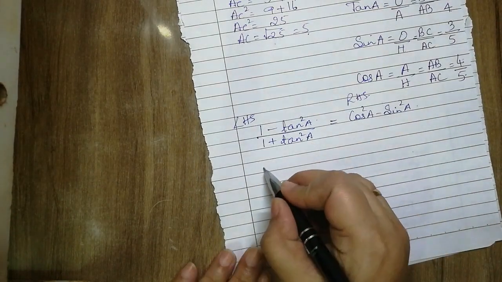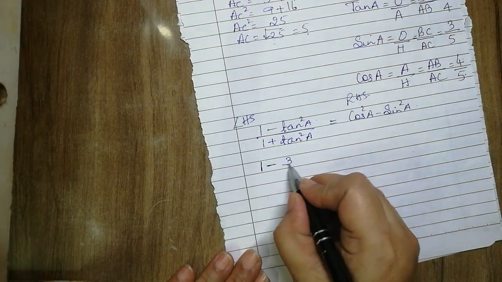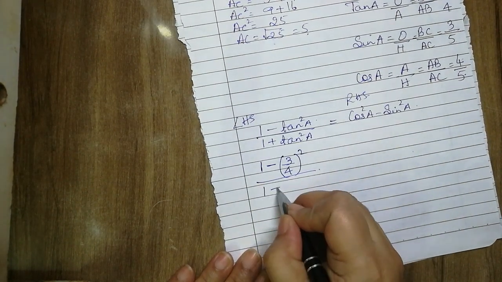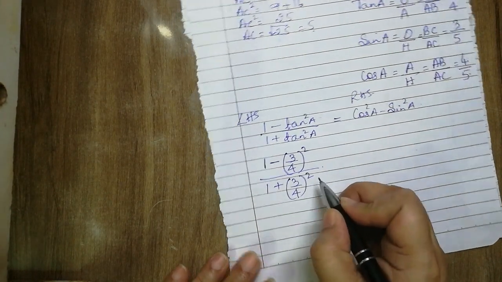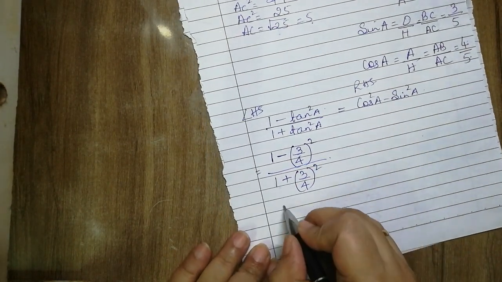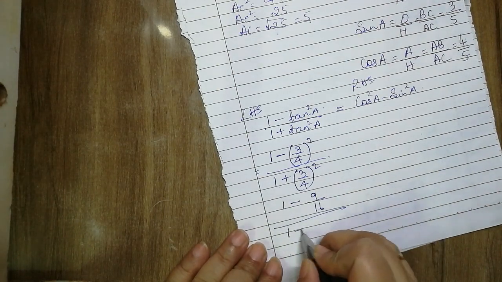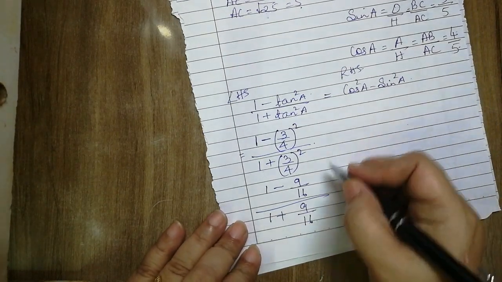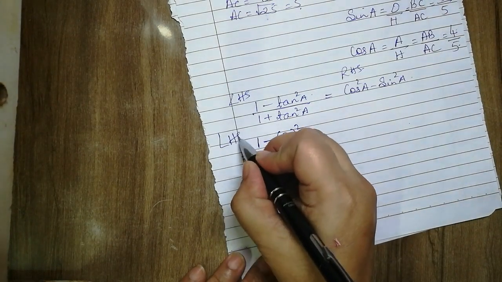Now I'll substitute here 1 minus tan, we got it as 3 by 4 whole square, divided by 1 plus 3 by 4 whole square. So we get here 1 minus 9 by 16 divided by 1 plus 9 by 16. I am doing only LHS over here.